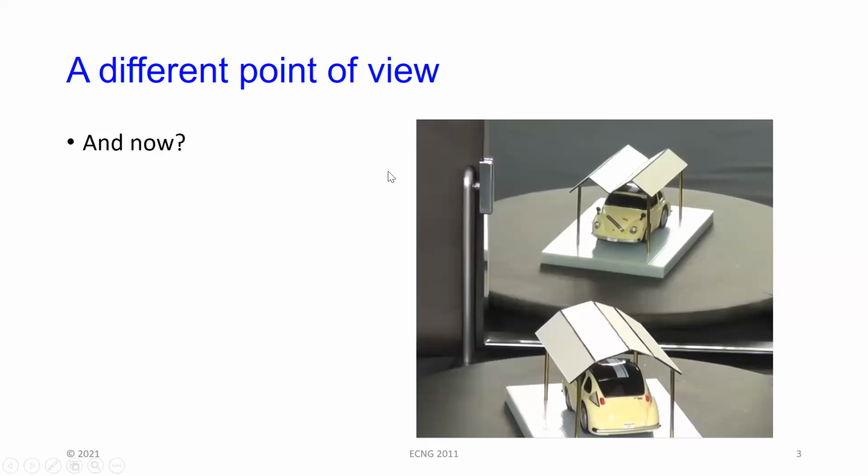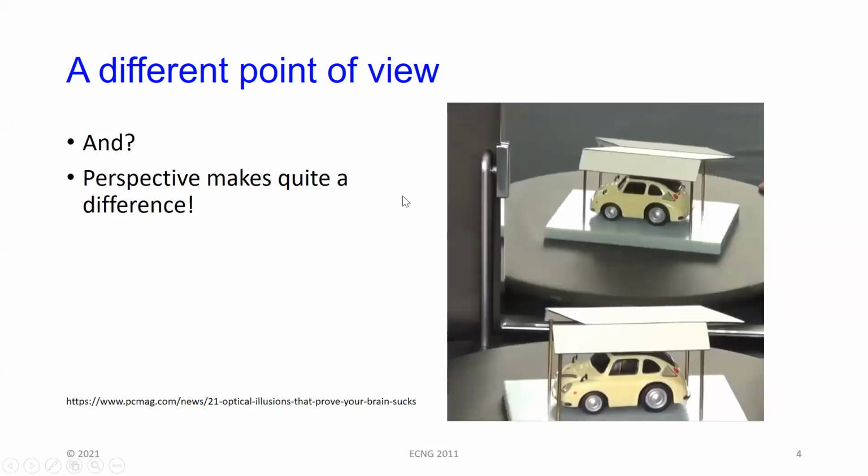Then if you shift it around to another perspective, you now see that there's a difference between one side of the roof and the other in terms of length and span. The whole point is that perspective makes a difference.